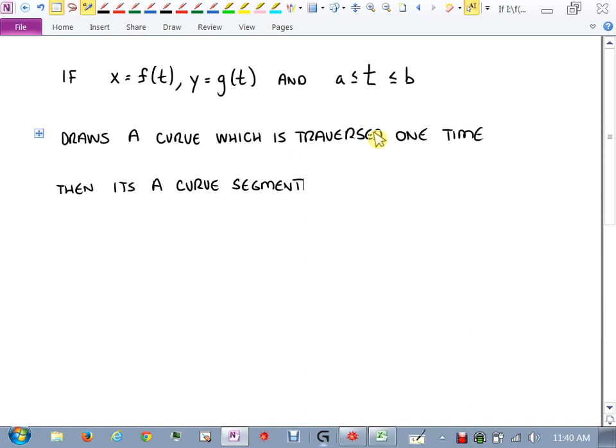What I'm doing here is helping you realize that if you restrict the domain of t so that you only traverse that curve one time, then you've drawn a curved segment.